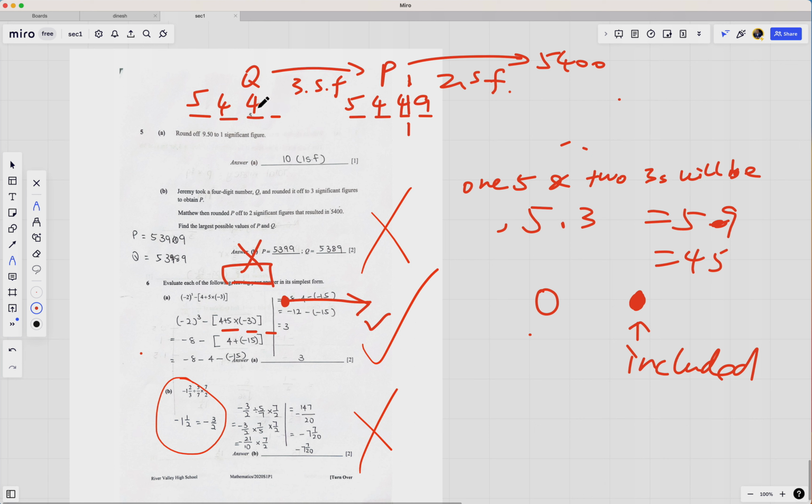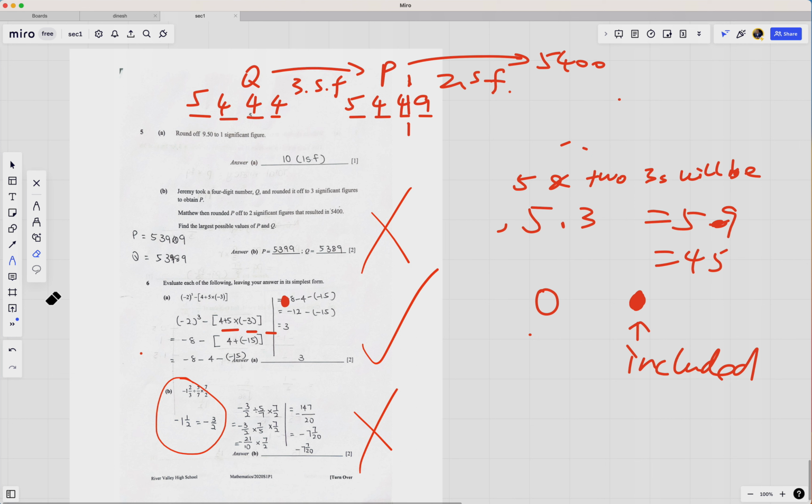If for 3 significant figures it's a 9, then it will be 5. So you cannot give it a 9, give it a 4, 4, right? Something like this. Oh, this is 3 SF. Okay. Then over here you make this.